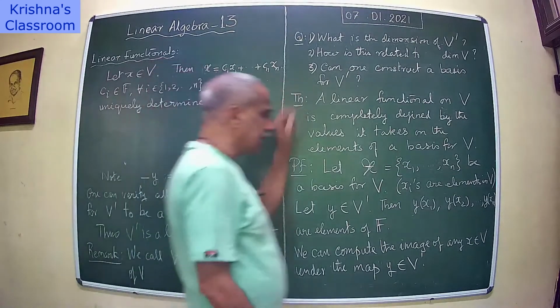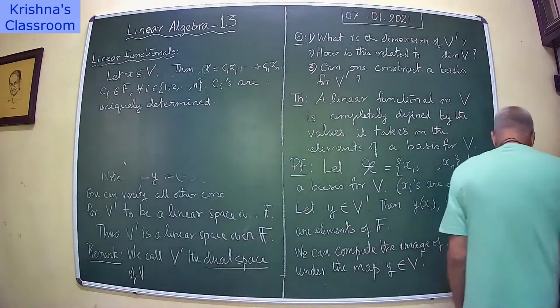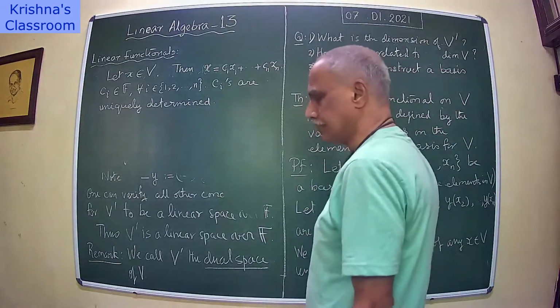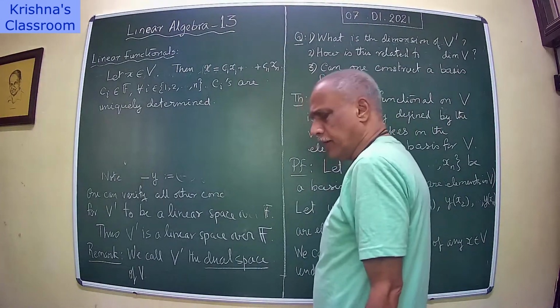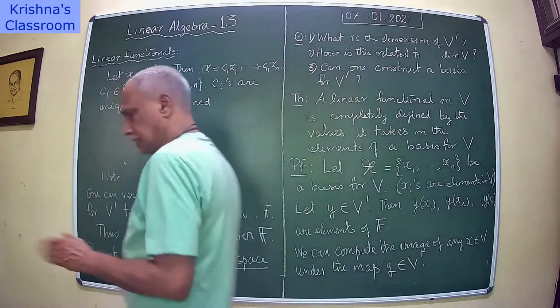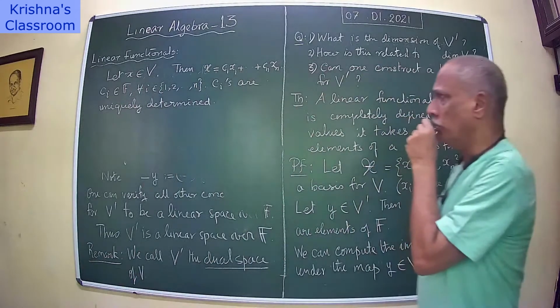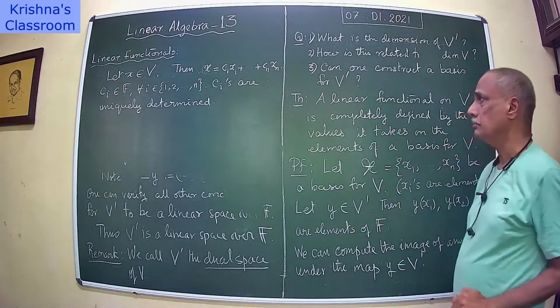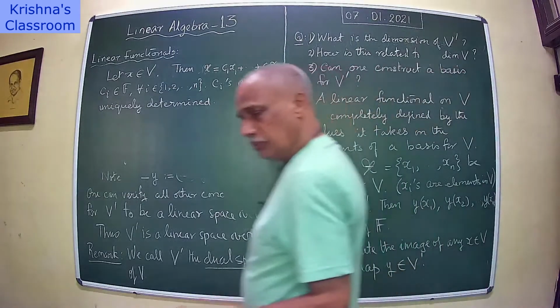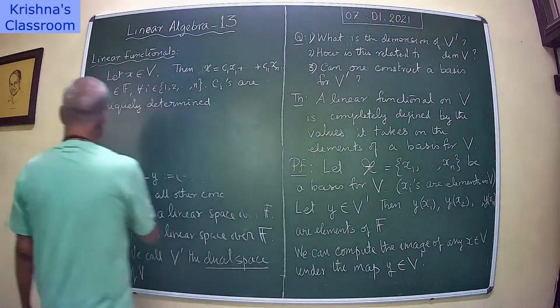This is the unique representation of x in terms of the basis x1, x2, etc., xn. In fact, I should say the ordered basis. I don't want to change that order for this discussion.